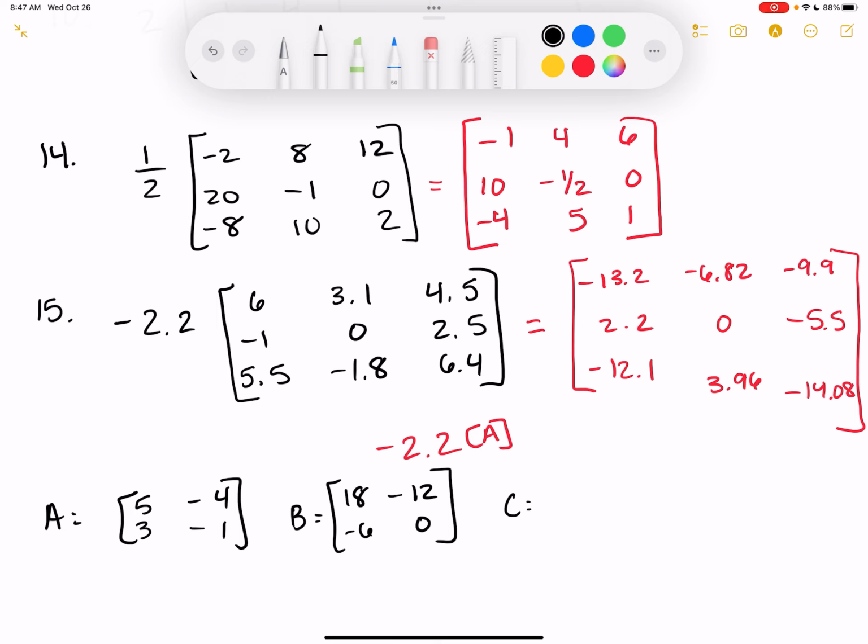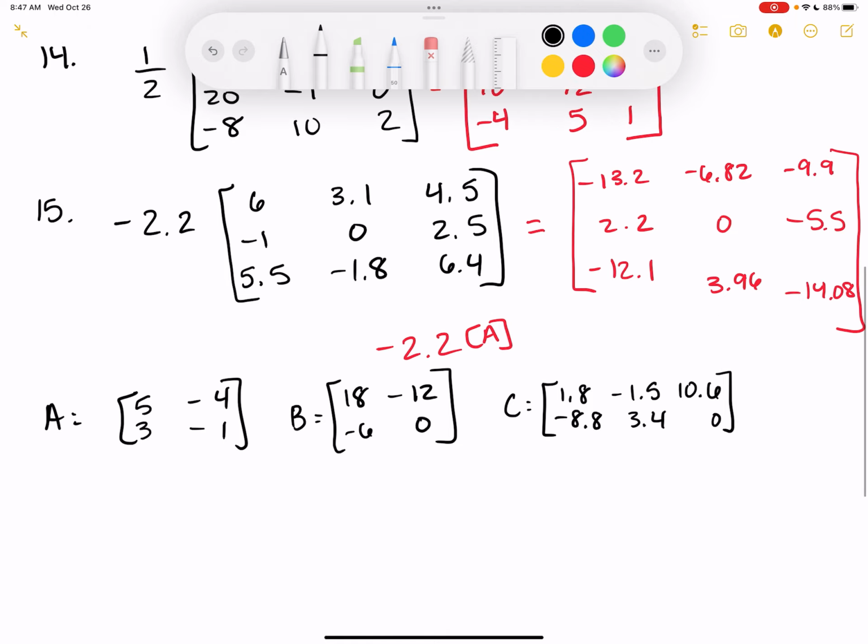C is a 2 by 3, so it's 1.8, negative 1.5, 10.6, negative 8.8, 3.4, and 0. D, I'm going to have to write below, is a 2 by 3, so 7.2, 0, negative 5.4, 2.1, negative 1.9, 3.3.